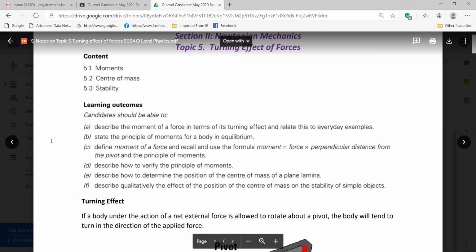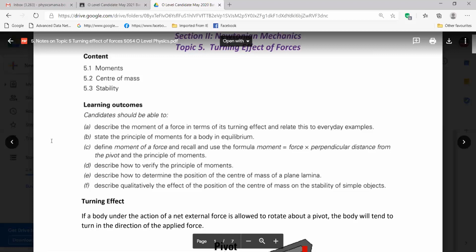So it's very important that we are taking perpendicular distance from the pivot. It's not any distance, okay? Not from anywhere. It's from the pivot and it should be perpendicular. The distance should be perpendicular. Then we have described how to verify the principle of moments. Already you got what is the principle of moments.